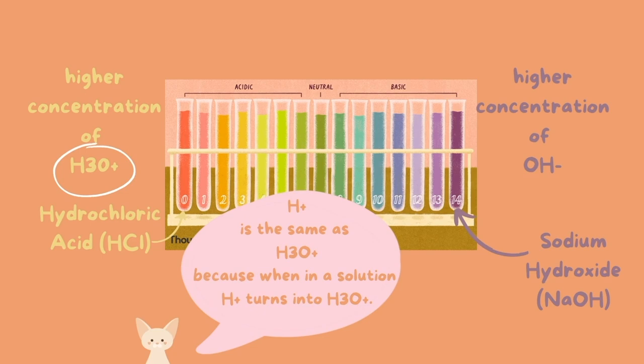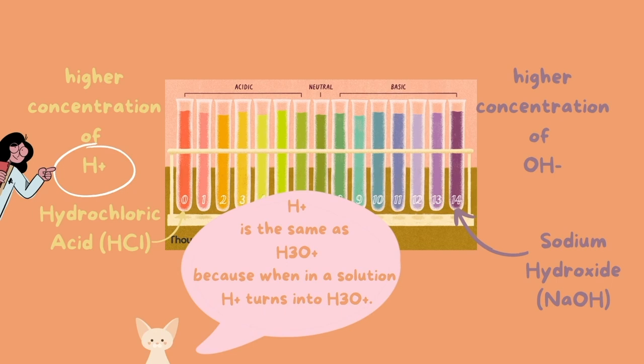So again, although it's not technically the same, it's pretty much the same thing. And I just wanted to mention that because if you look at another resource and they tell you the definition of pH, they might say that acids have a higher concentration of hydrogen ions. But you know it's going to be okay because you know that hydrogen ions and hydronium ions are pretty much the same thing.